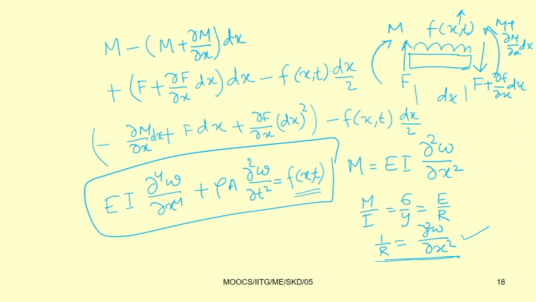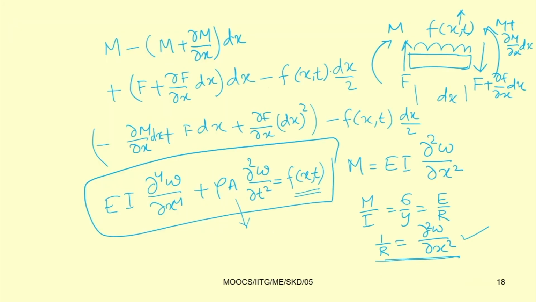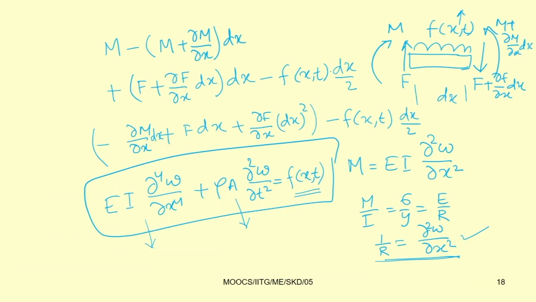So, it will be E I del fourth w by del x fourth plus rho A del square w by del t square equal to 0. This part corresponds to the inertia force of the system, and this part corresponds to the force due to the elasticity, or the stiffness part of the system. This way you can derive the equation of motion.